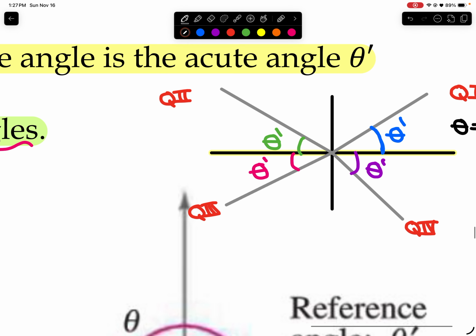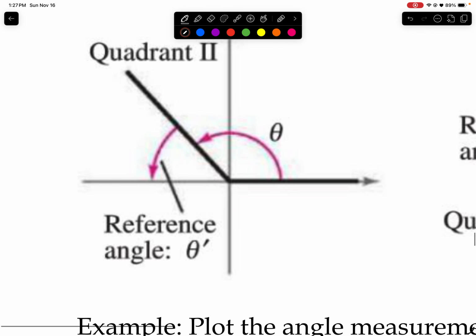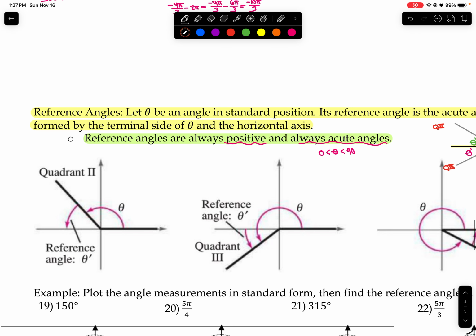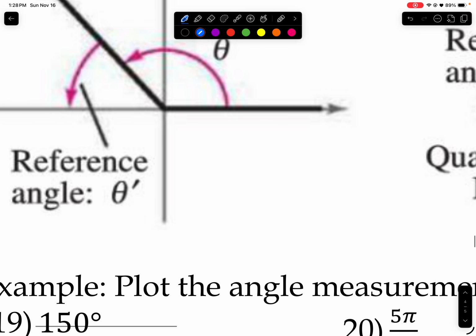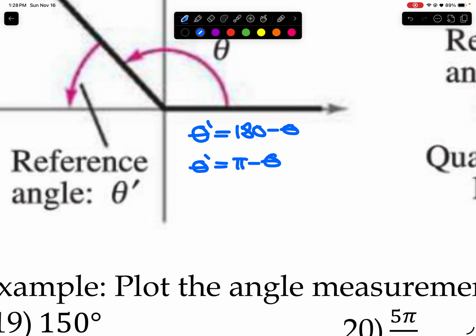So in quadrant 2, if I want to find the reference angle right here, which is going to be my theta prime, what I'm going to do is take my angle and subtract it from either 180 degrees or from pi. So my rule here: my theta prime is going to be either 180 degrees minus the angle, or if I'm in radians, it's going to be pi minus theta, which is your angle.